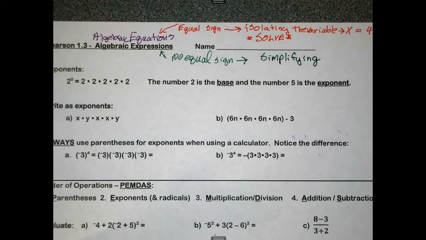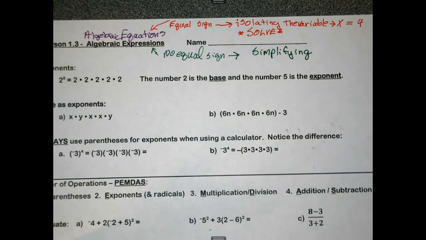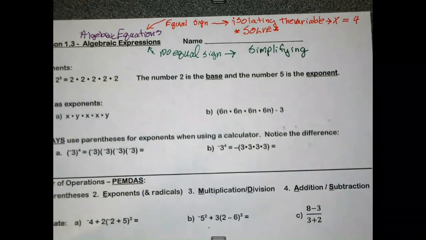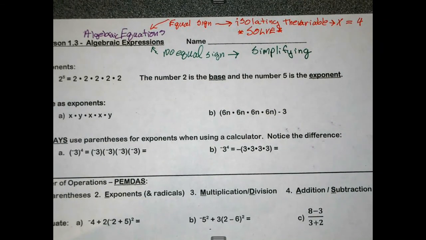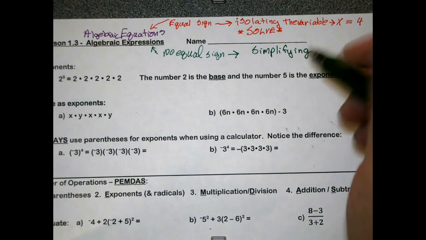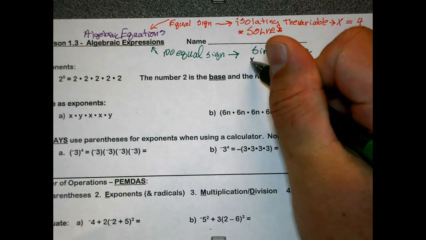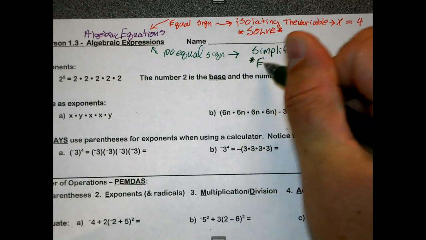You're simplifying, or a lot of times, later in this note sheet, they'll have you evaluate expressions if you're given a value, right? So a lot of times they'll say evaluate the expression.